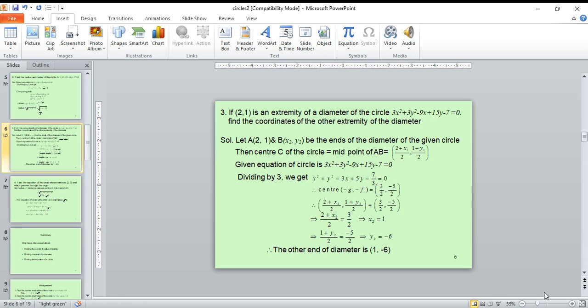Find the center using the circle equation and compare, and we get the x2 and y2 values.